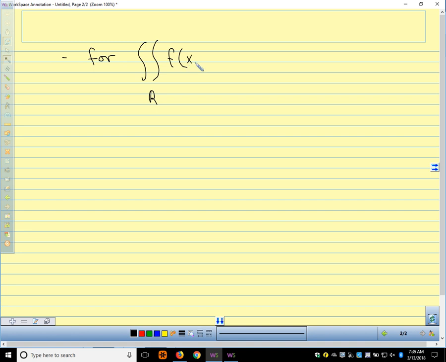Can the double integral of f of x, y dA be greater than the area of R?